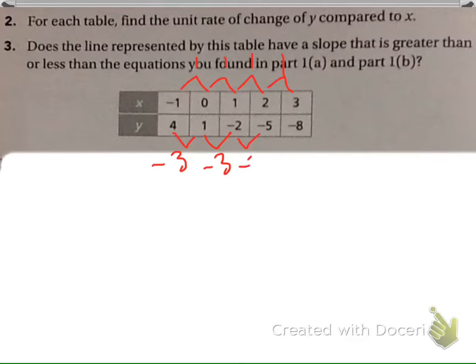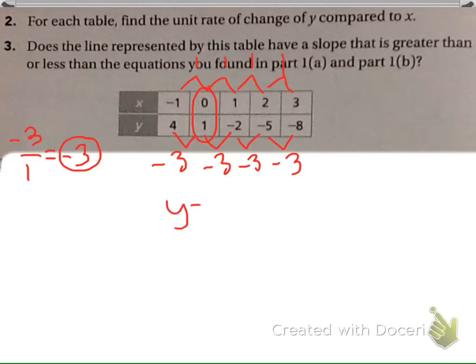And that pattern continues, so we're going down 3. So I know my slope is negative because I need to do change in y divided by change in x. -3 divided by 1 equals -3. That's my slope. Now my y-intercept when x is 0, and they gave it to me in my table, what is y? So I can write my equation.